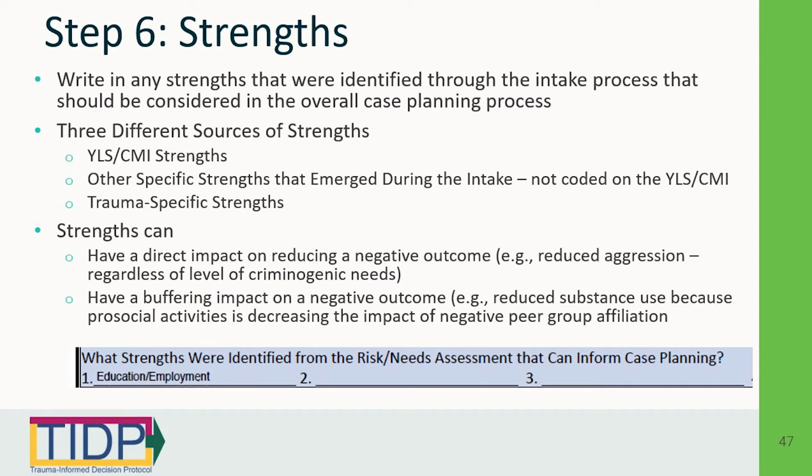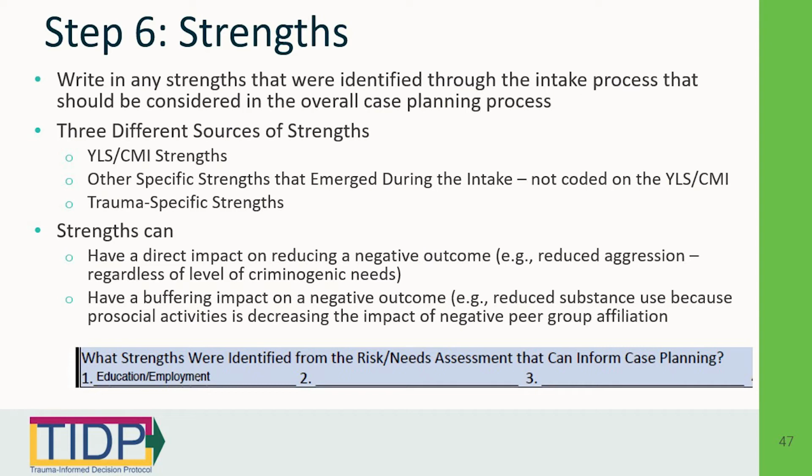Step number 6 is focusing on identifying strengths. Okay? What you're going to do at step number 6 is write in any strengths that you identified through the intake process, and that should be considered in the overall case planning process. Now, there are 3 different sources of strengths that we want you to try to draw from on the TIDP. The first is any strengths that you've identified from the YLS/CMI.